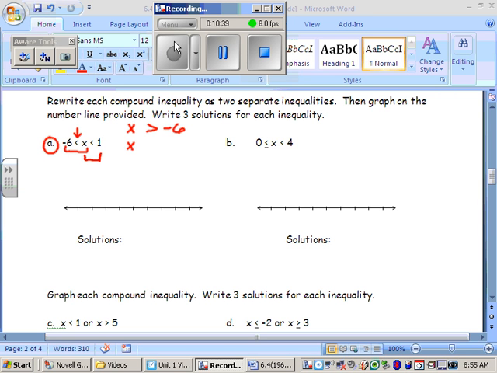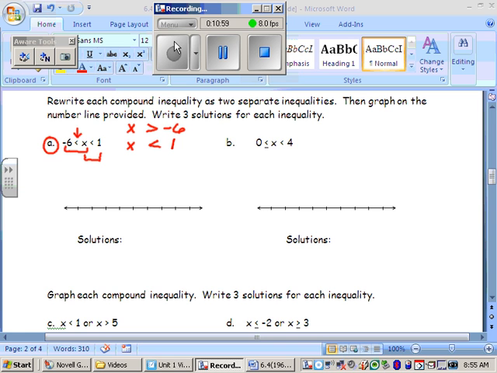For the second inequality, the x is less than 1, you can write it exactly as you see it because it's already written in the correct order with the variable on the left. Now we can see the 2 separate inequalities. X is greater than -6 and x is less than 1.